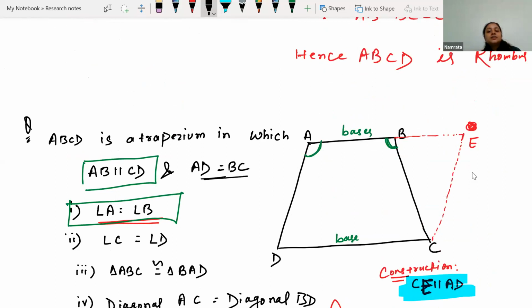Now AD is equals to CE. And can you see this condition given? AD is equals to BC also. Let's write it.